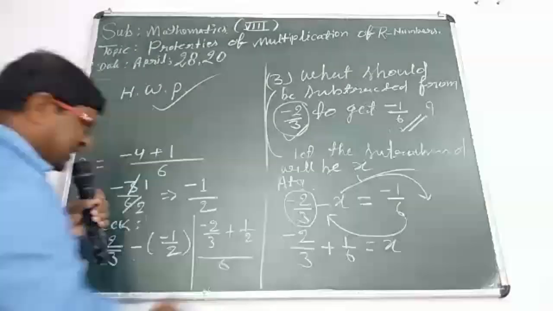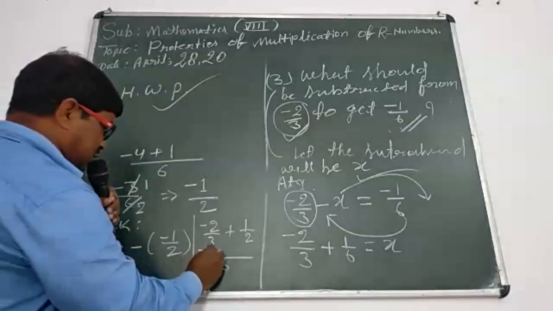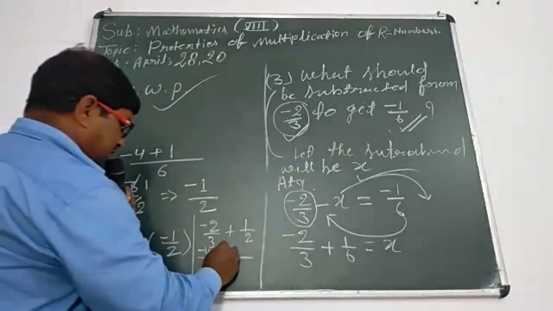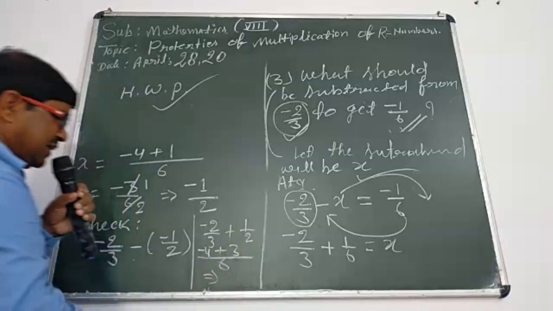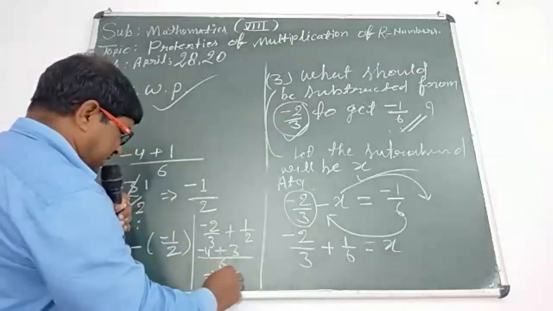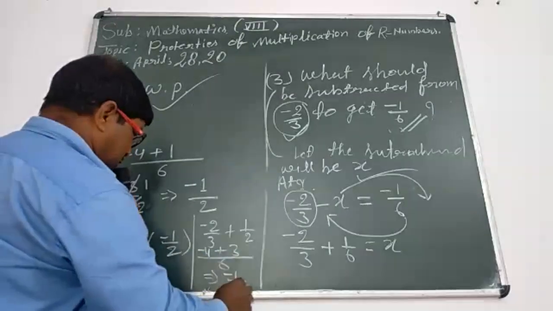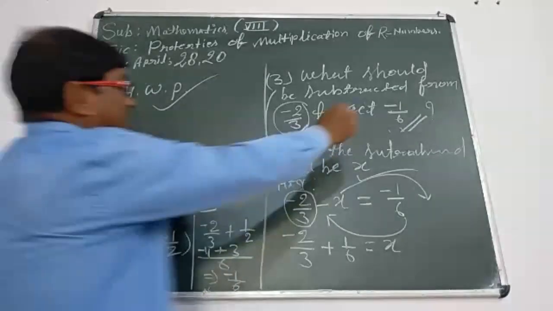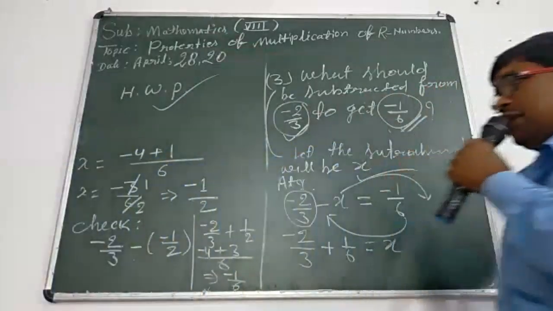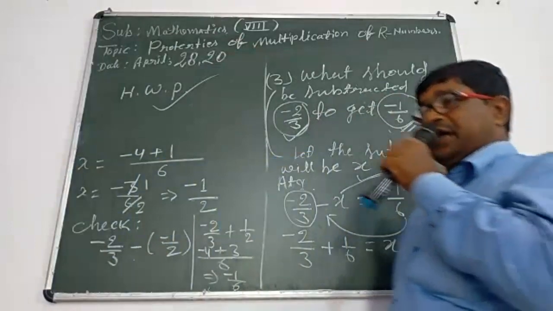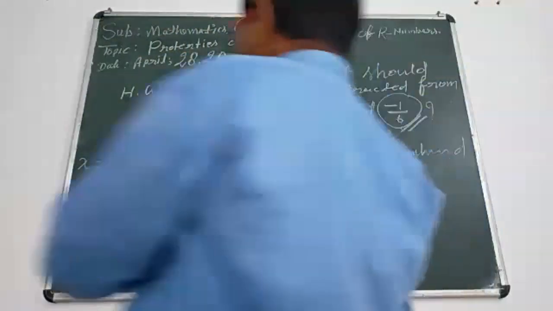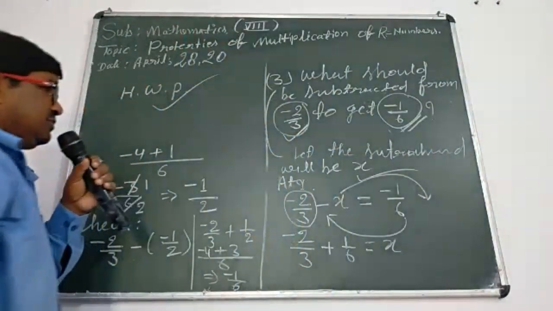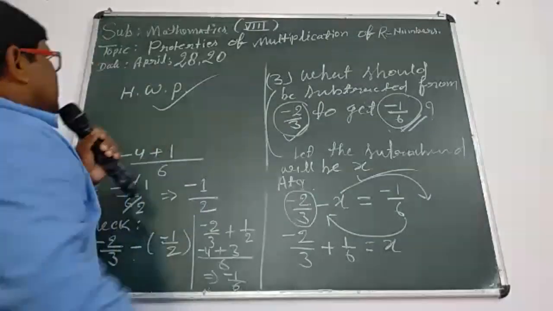Now find the LCM, 6. 3 2s are 6, 2 2s are 4, plus 2 3s are 6, 3 1s are 3. Now simplify it. Minus 4 plus 3 is minus 1, minus 1 upon 6. And that is given, minus 1 upon 6. So our answer is correct. Okay student, you should try to do this type of sum.